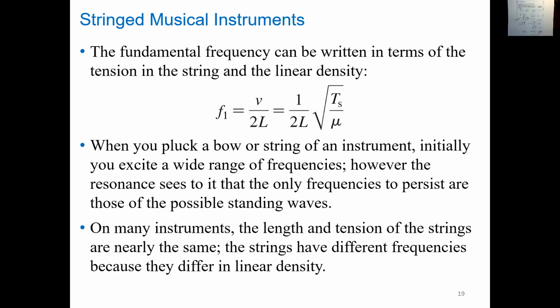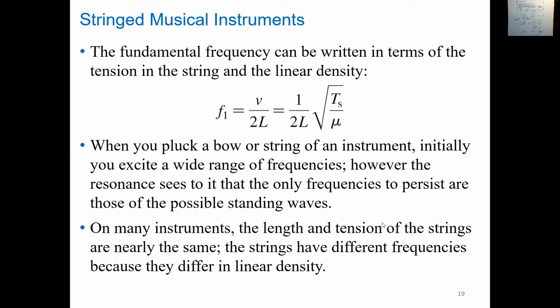When you pluck it, you get a whole range of frequencies, but only certain frequencies are resonant. They're the ones that form nice standing waves. By changing our tension, we adjust which of those frequencies is resonant, which is how you get your instrument into tune.